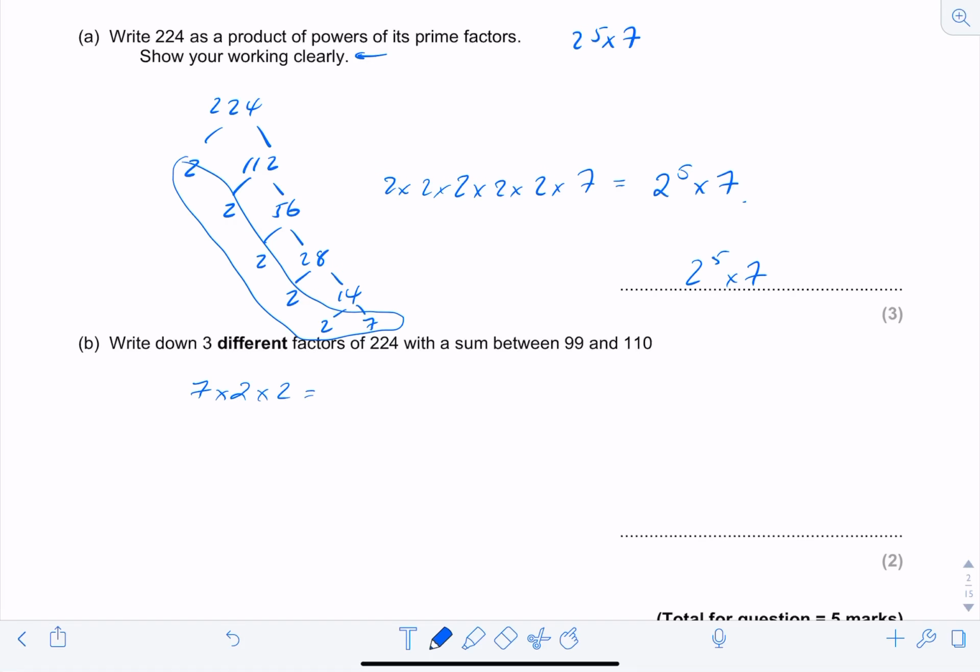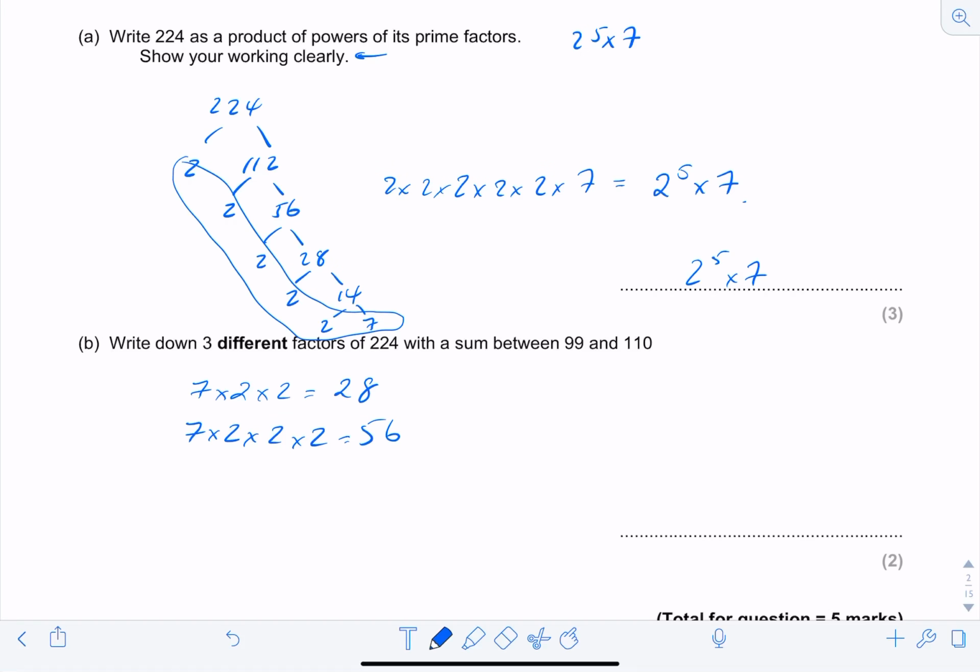I think this is just going to be a bit of trial and error, really, because there's going to be different ways of doing it. 7 times 2 times 2 is 28. 7 times 2 times 2 times 2 equals 56. That's going to be a factor as well. 56 plus 28 is 84.